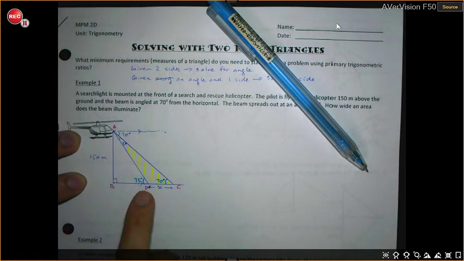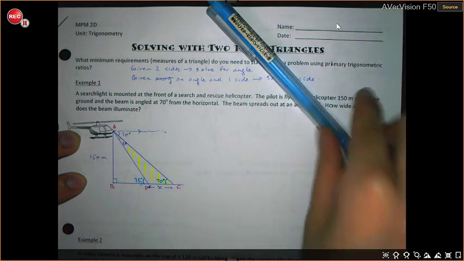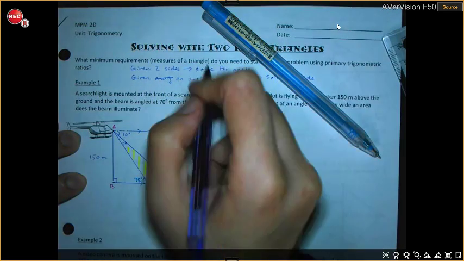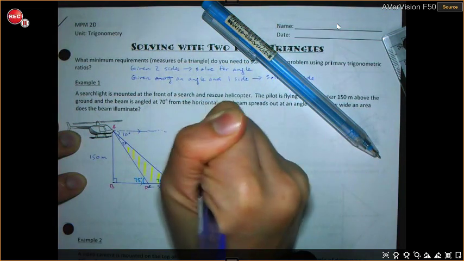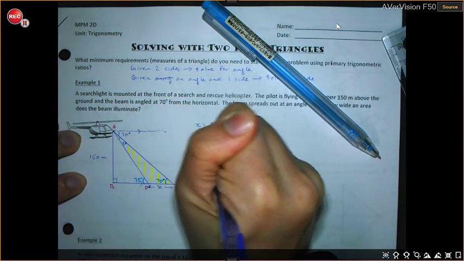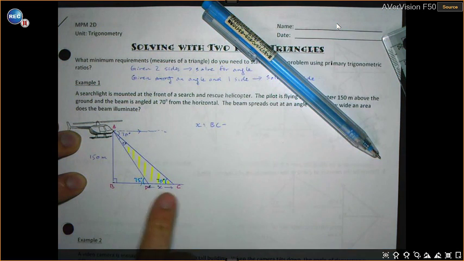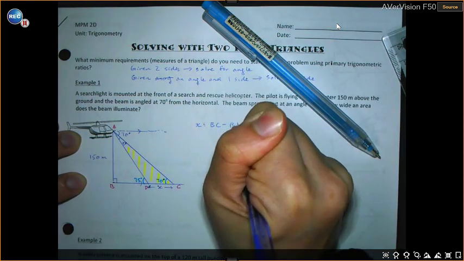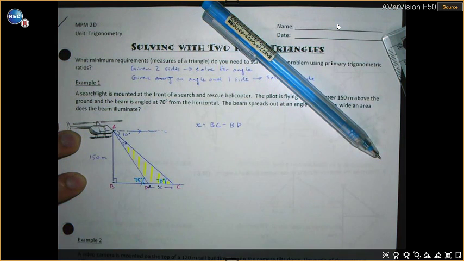Okay, so we're looking for DC, or x. To figure out x, we'll take the longer side, which is BC, and subtract the shorter side, BD. So let's find BC first.